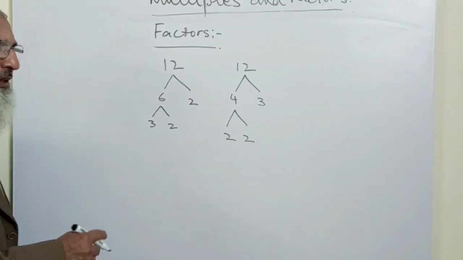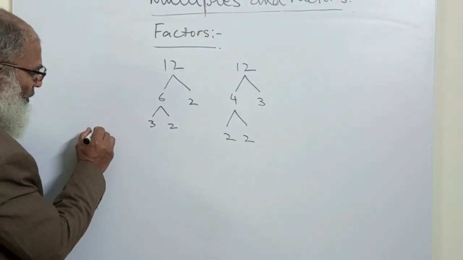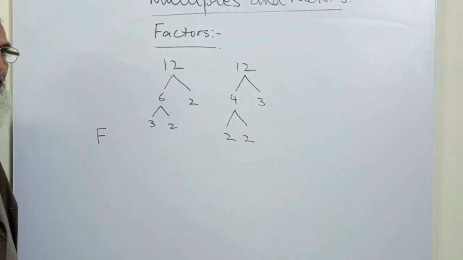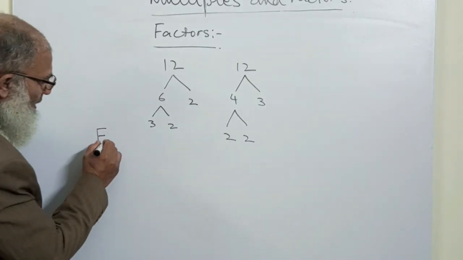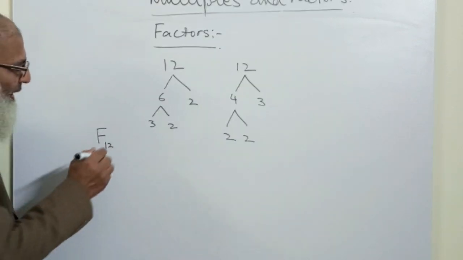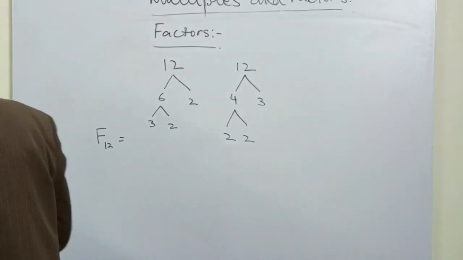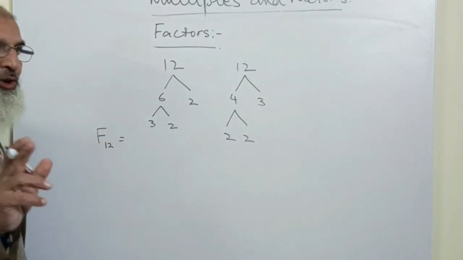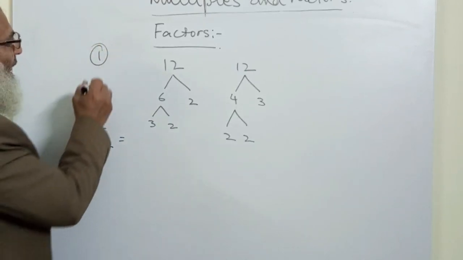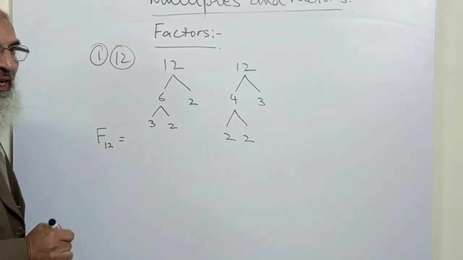But if I say simply to write the factors of 12, the proper procedure is I write F12, and what do I do here is, I told you that 1 is always the factor and the number itself is a factor as well.